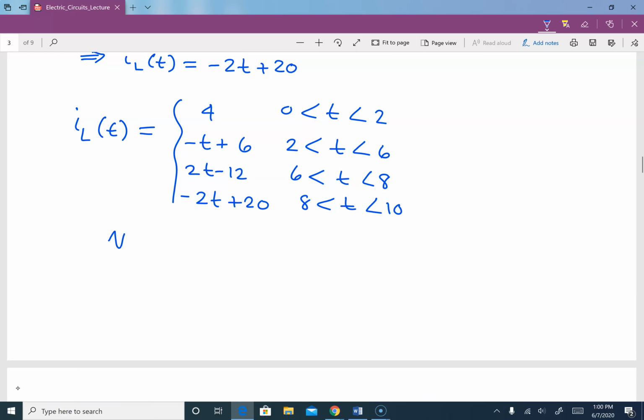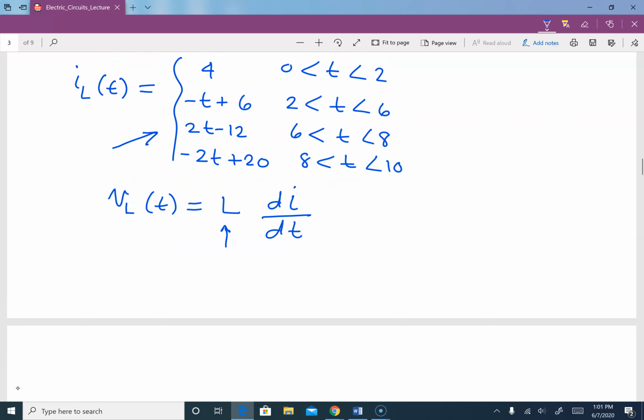We know that our VL of t for an inductor is equal to L di over dt. So what we need to do is substitute the value of the inductance, and then we differentiate these equations with respect to t.